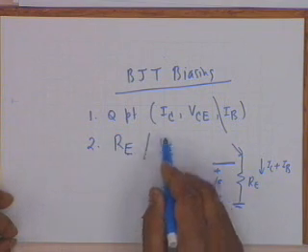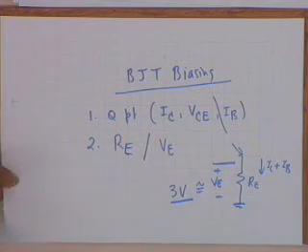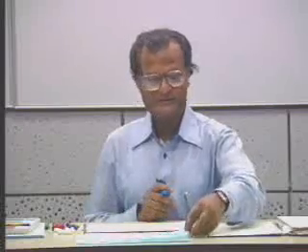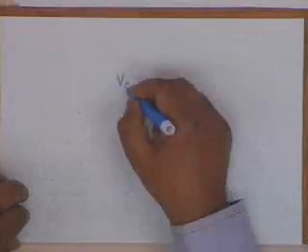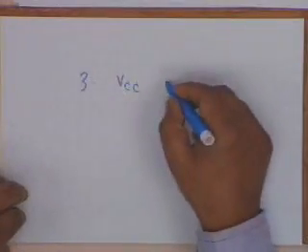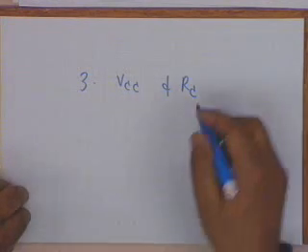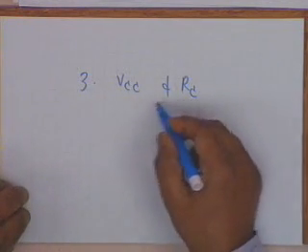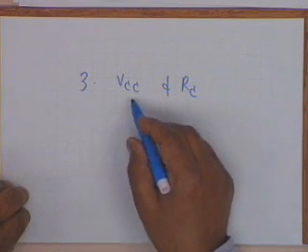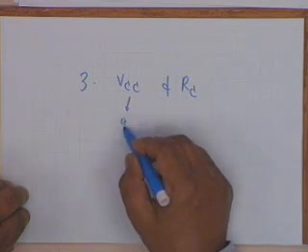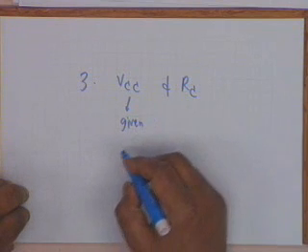All right. The next thing is select VCC, third step, VCC and R sub C. Now, if VCC is given, if the power supply is given, then what is R sub C?